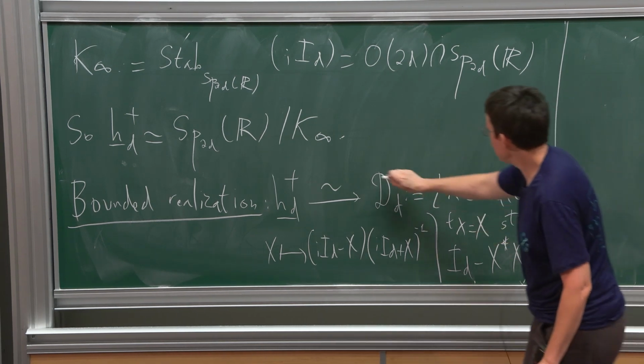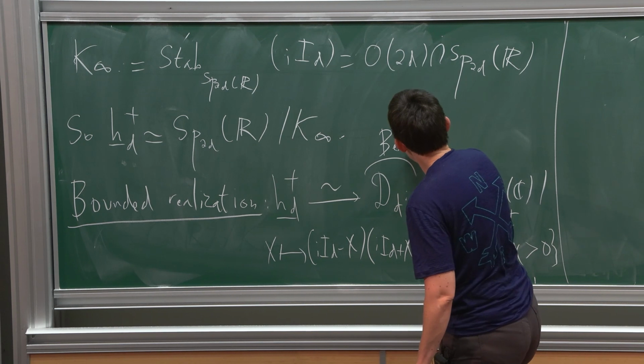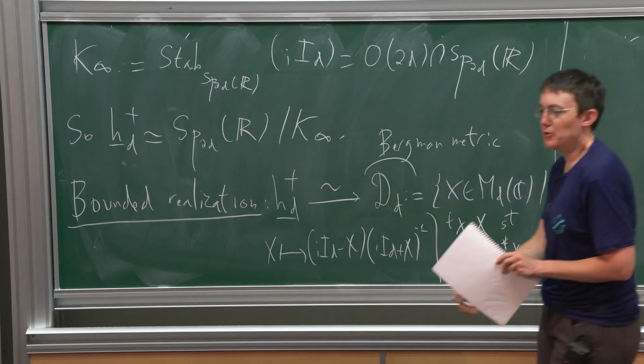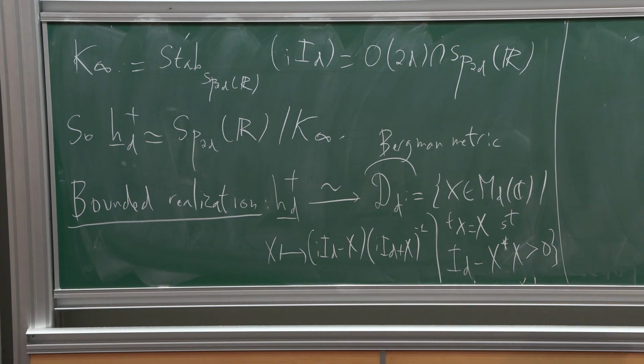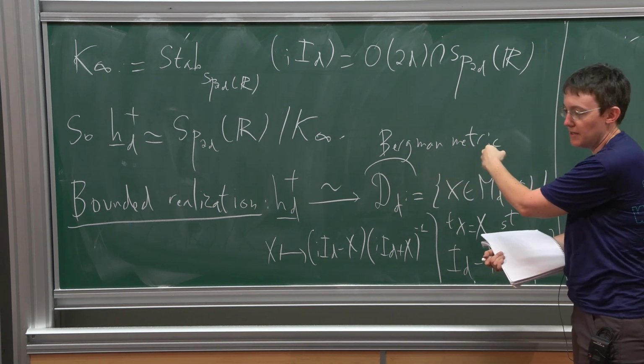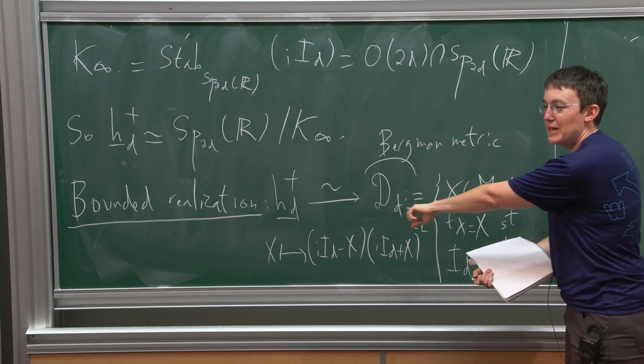And now this one has what's called the Bergman metric. Every bounded domain in a finite dimensional C vector space has a canonical metric, up to a positive number, called the Bergman metric, and you can write the formula in this case.